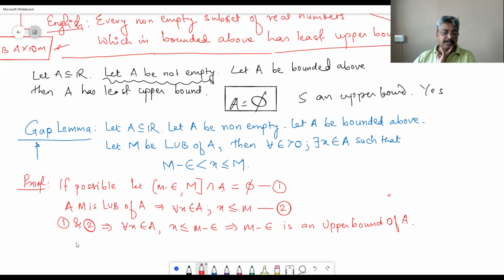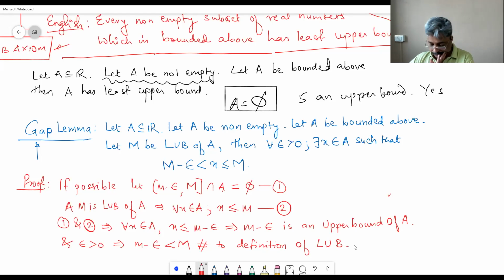And epsilon is greater than 0, that means M minus epsilon is less than M. Contradiction to the definition of LUB.